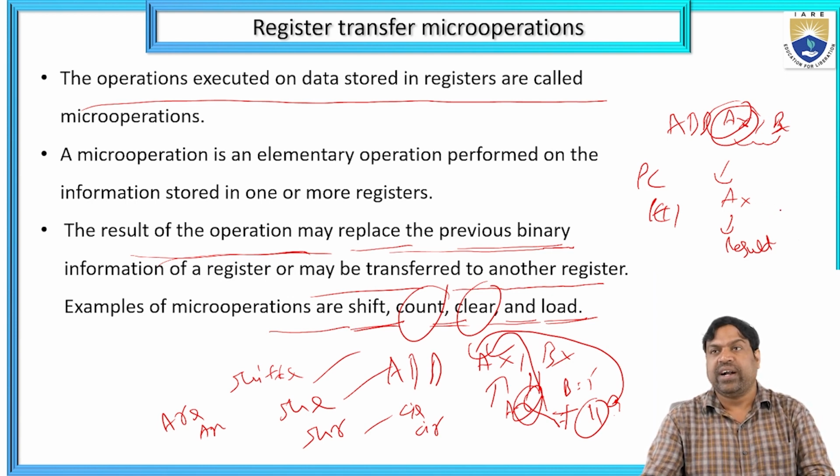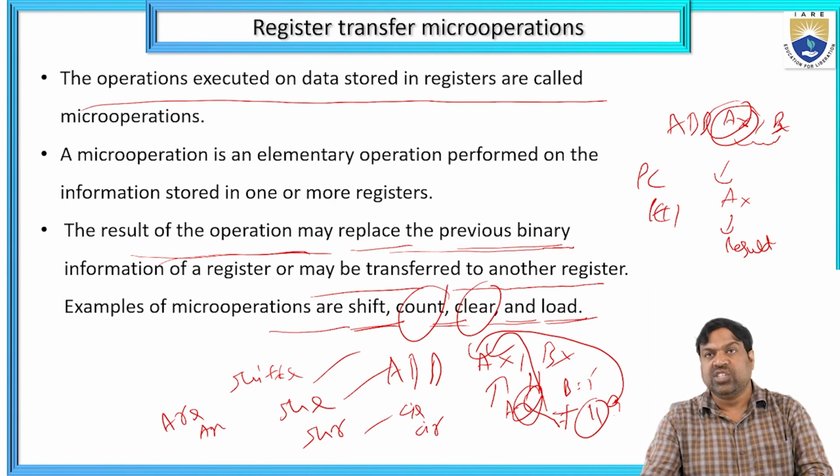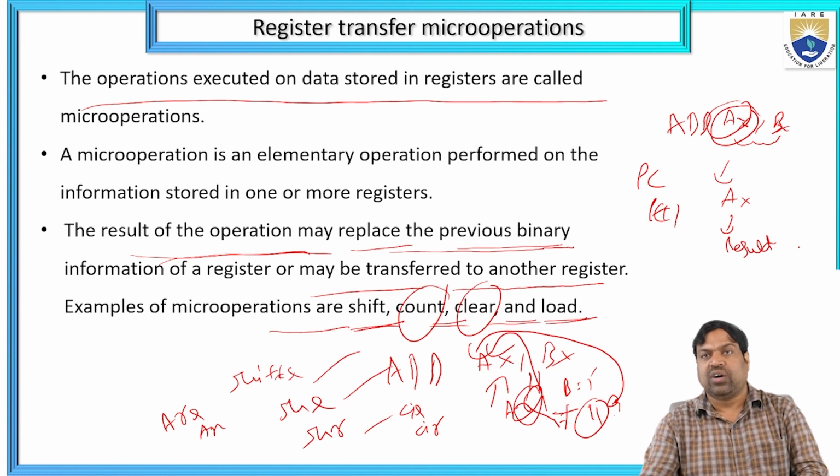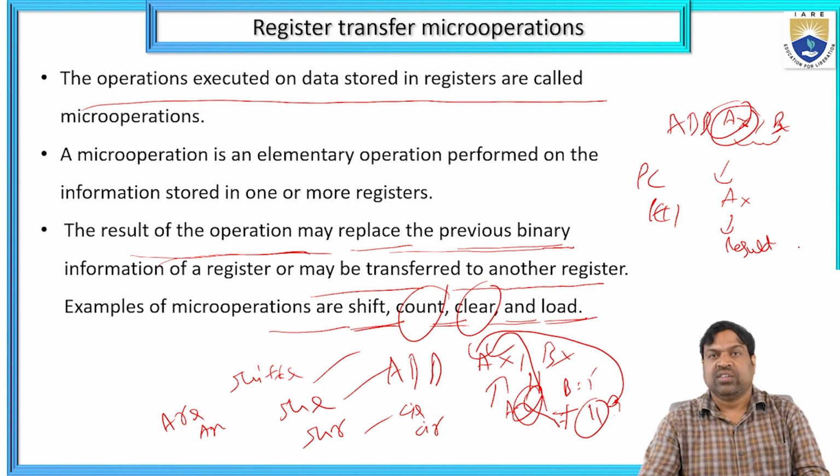Suppose I am taking ADD AX, BX and MOV AX, BX. These instructions are performed by micro operations, which are elementary operations performed on the information stored in one or more registers. The result of the operation may replace the previous binary information of a register, transferring one data to another.